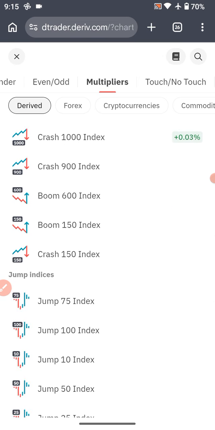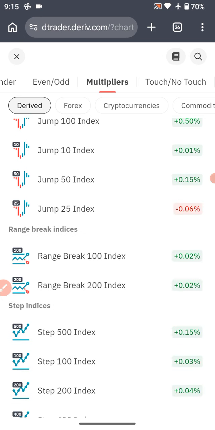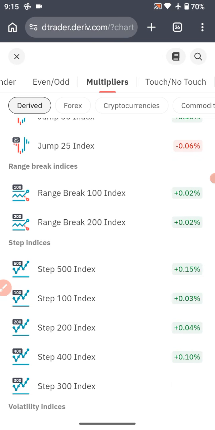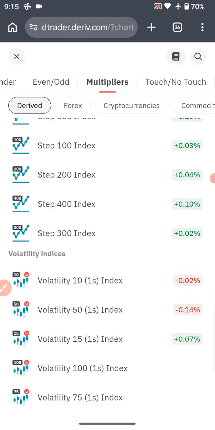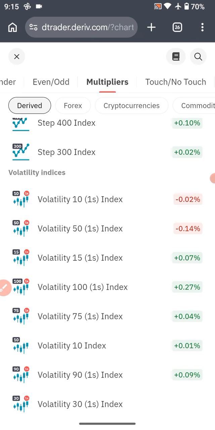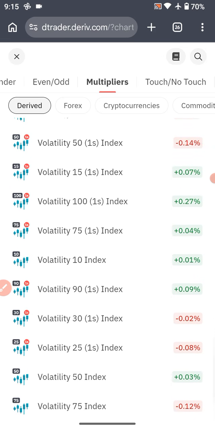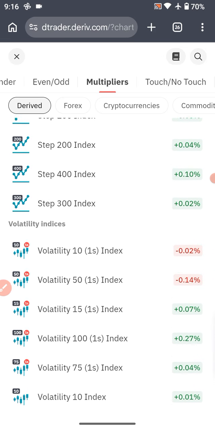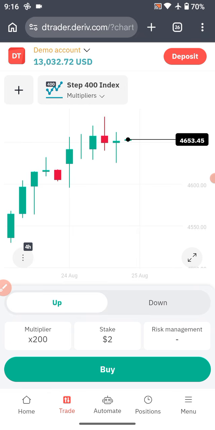All right, so now what we want to do is look for another market to trade with. I see jump 75, jump 100 index, jump 10 index, jump 50, jump 25, range break 100 index, range break 200 index, step 500 index, step 100 index, step 200 index, step 400 index, step 300 index, volatility 10 (1s) index, volatility 50 (1s) index, volatility 15 (1s) index, and I'm going to choose one of these charts based on the percentage of their rising, and I see step 400 index has been doing well.